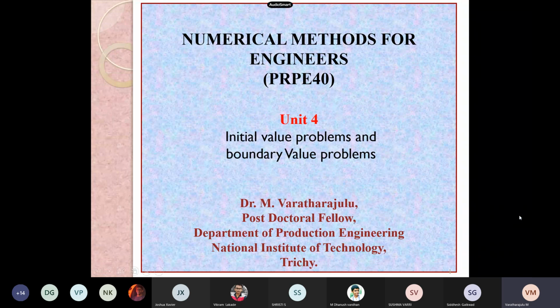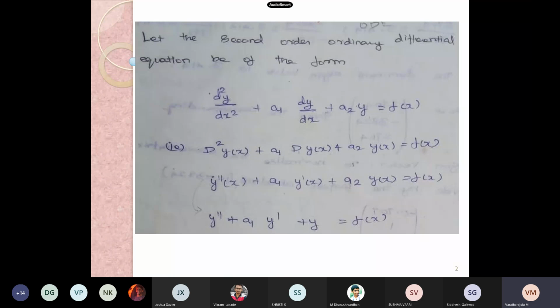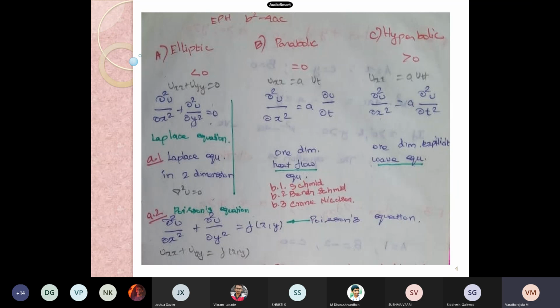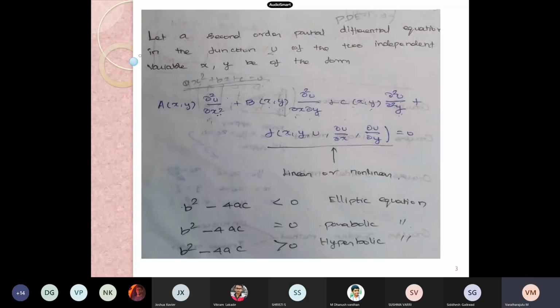I wish to disseminate the content related to IVP and BVP, that is initial value problem and boundary value problem. These types of initial value problems and boundary value problems are directly applicable to our field, that is to find various problems associated with the one-dimensional heat flow equation and one-dimensional wave equation, which depend on these types of partial differential equations.